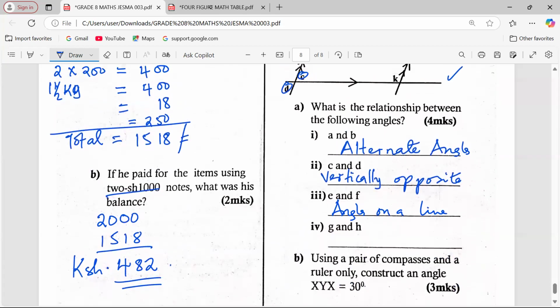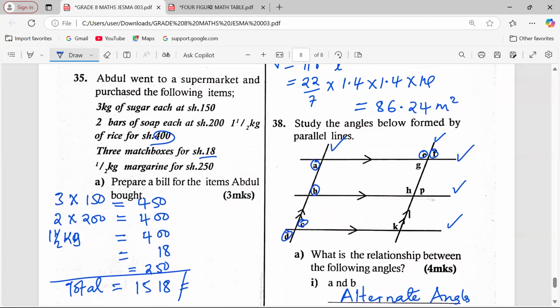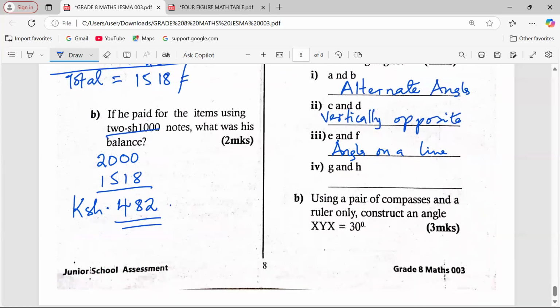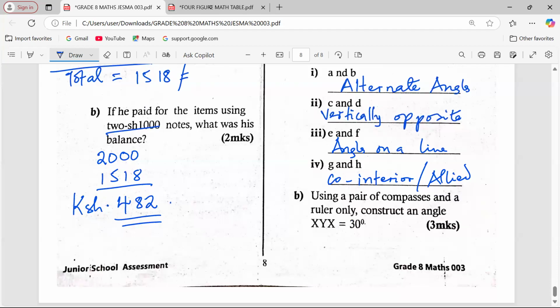And finally, we have G and H. So G and H, we call them cointerior. These are cointerior angles. Another name can be the allied angles.